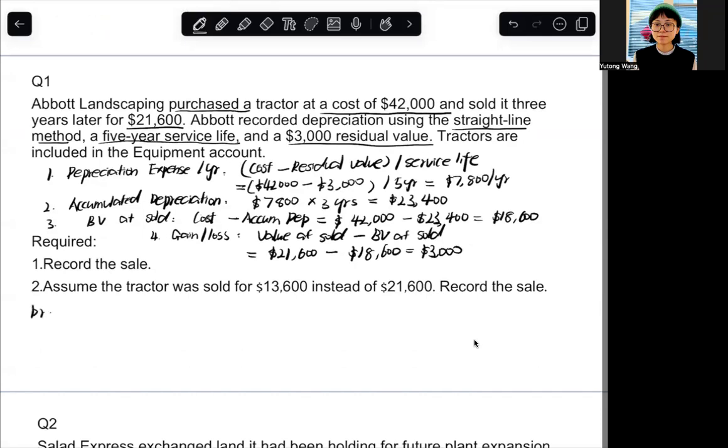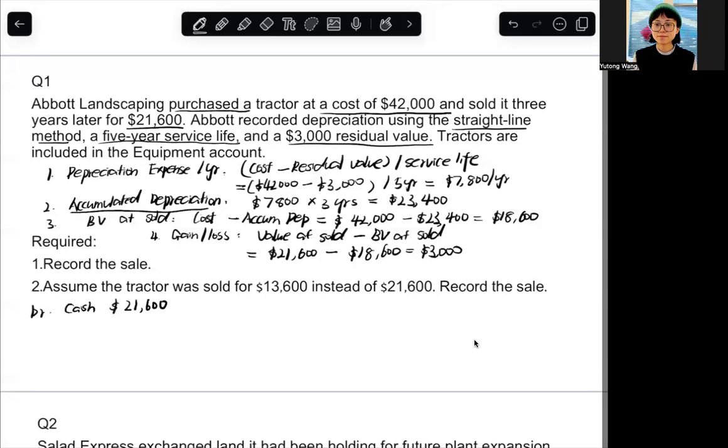And let's record the gain. So debit. First thing you should debit is cash, right? You sell it, you get some cash, increase of cash, 21,600. And also there is accumulated depreciation on the asset, and let's cancel it. How to cancel it?